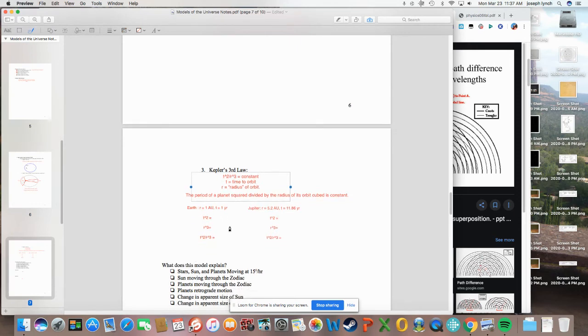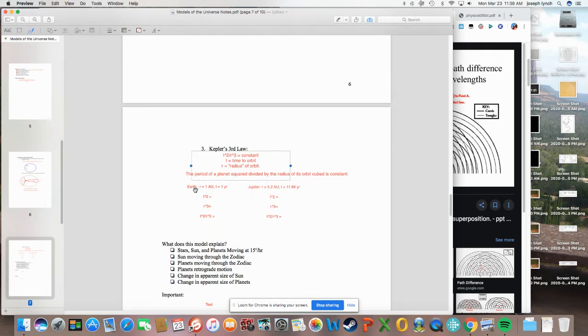So I've got some data here for Earth and for Jupiter. And the units, time makes sense, is 1 year. It takes the Earth 1 year to go around. The distance, R, the radius, is in AUs, and that's the distance from the Earth to the sun. So the distance from the Earth to the sun is 1 AU. So if I do T squared, well, T in this case is just 1. I'm going to square it, and 1 squared is just 1.